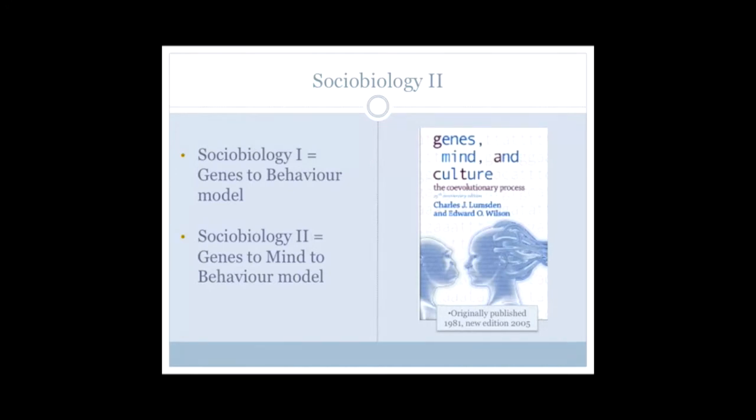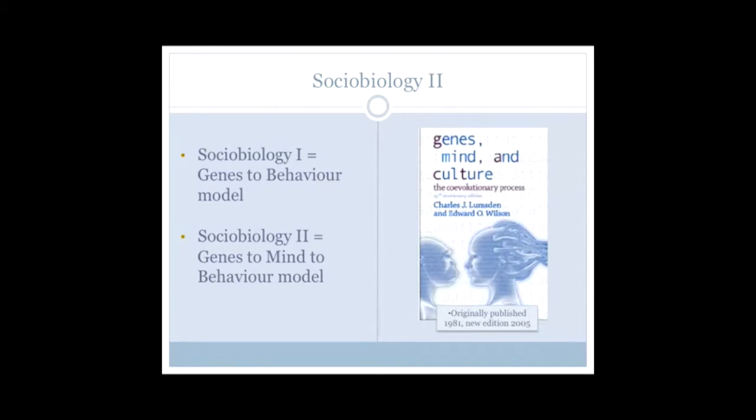In phase two, we see a genes to mind to behaviour model. In the first model, there'd be no consideration paid to the impact of evolution on the brain or the mind. But in the second model, the mind was going to be brought in as something that was evolved, and that was going to explain why humans behave in the way that they behave.